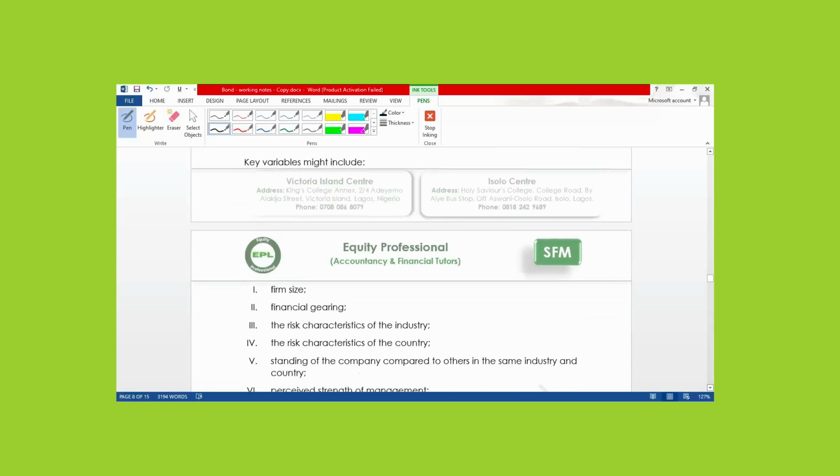Number one, size of the firm. Bigger firms, multinational firms enjoy high credit rating.